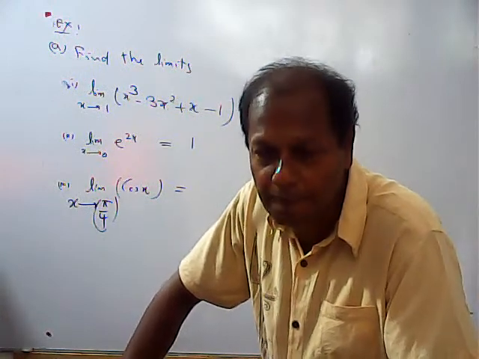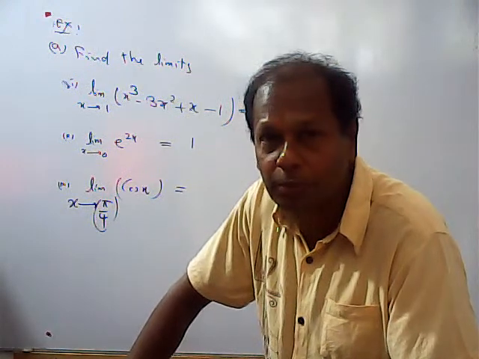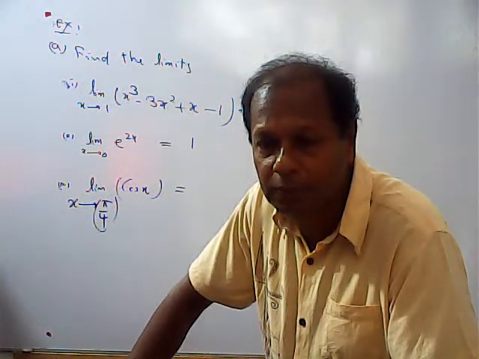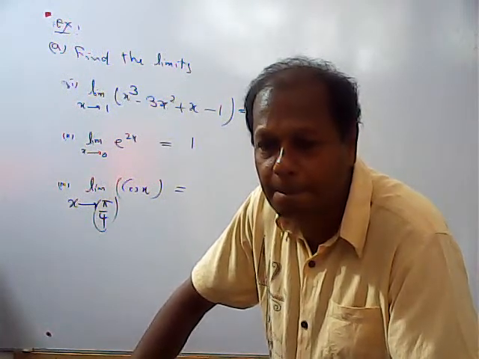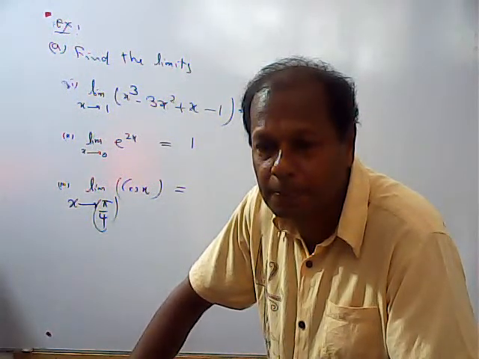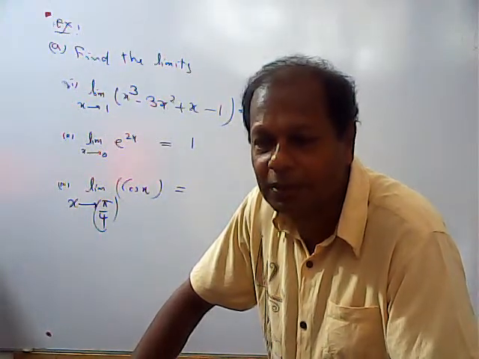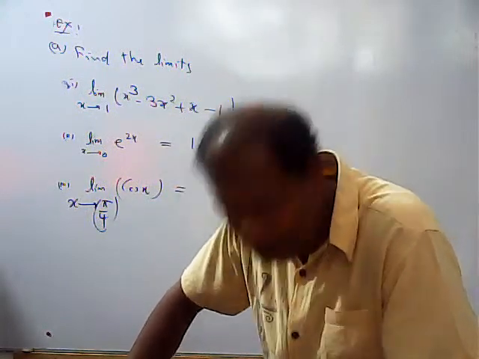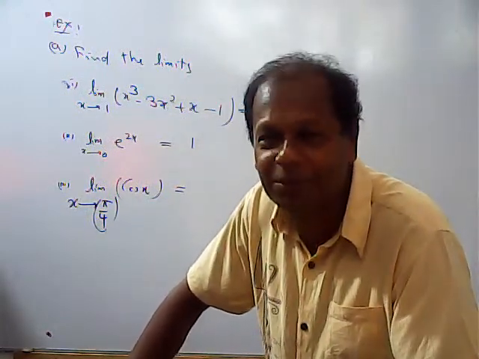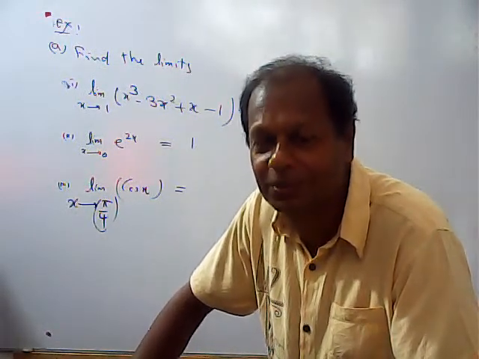Give your answers. X goes to pi by 4. What happens? Maybe you are finding it difficult to type the square root of 2. Okay, it is just 1 over square root of 2.